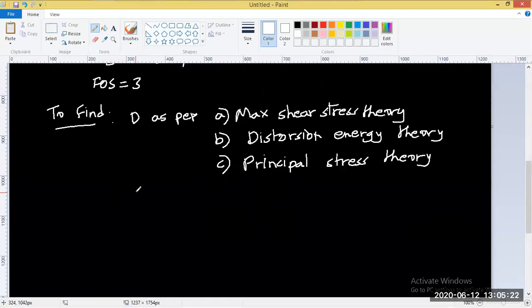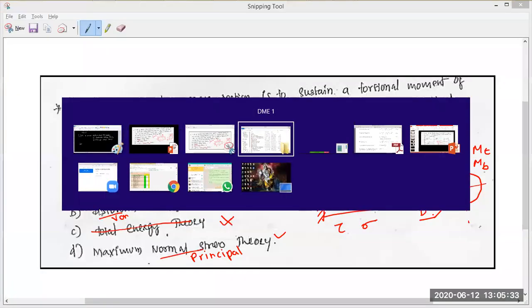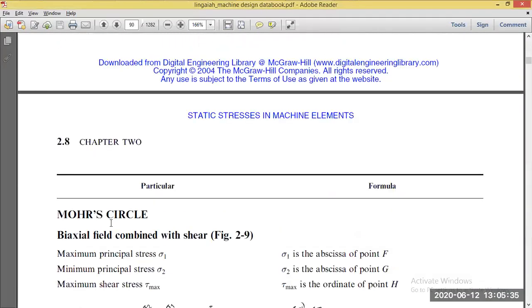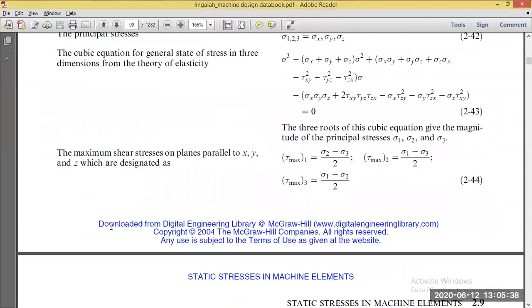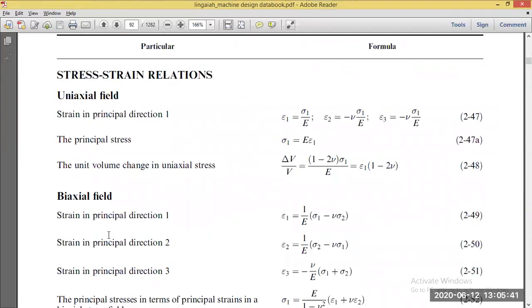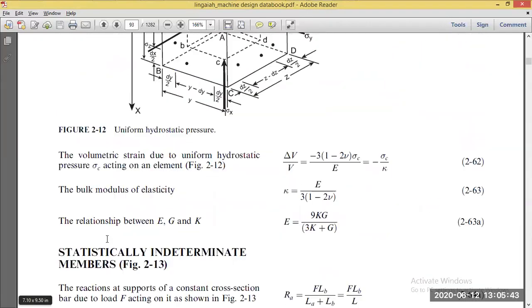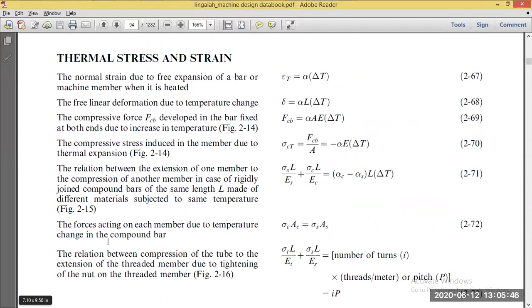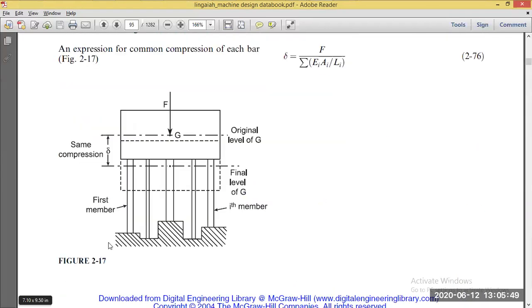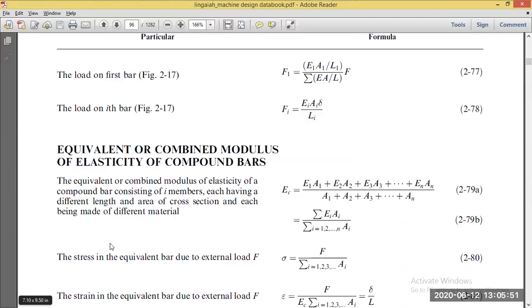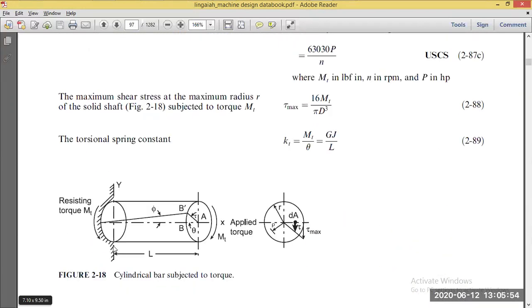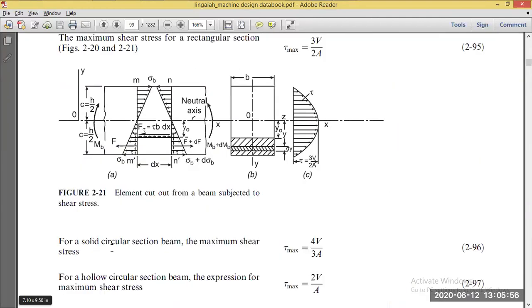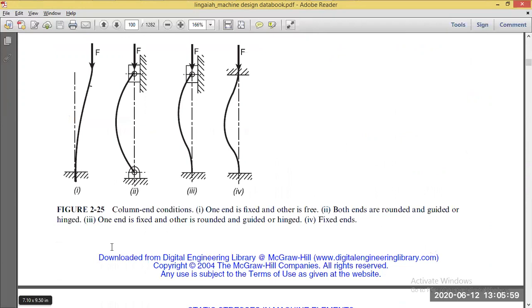Let's start with the solution. Before that, we need the equations, so we need to go to the data book. Mohr's circle, triaxial, Mohr's circle, uniaxial. For torsion and bending, it will be in the second chapter itself.